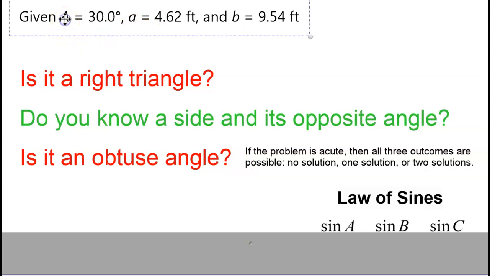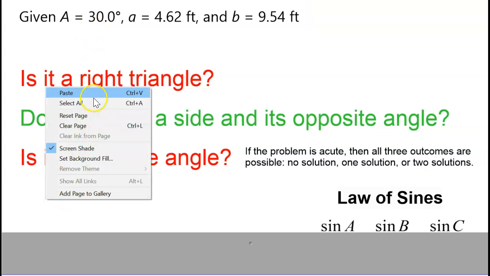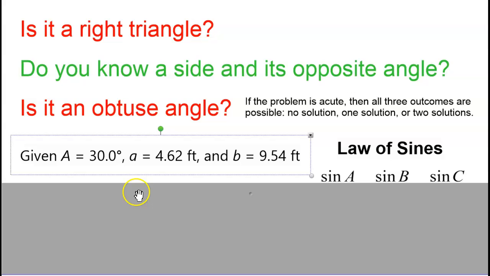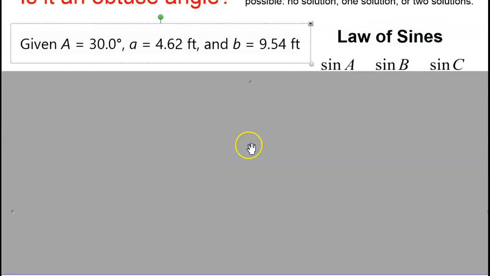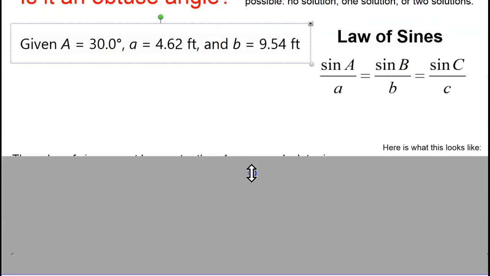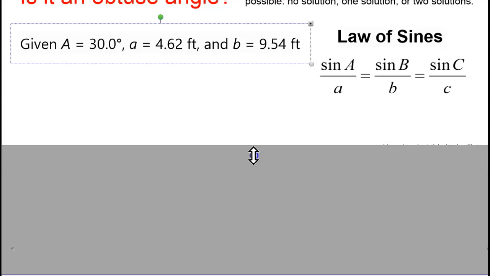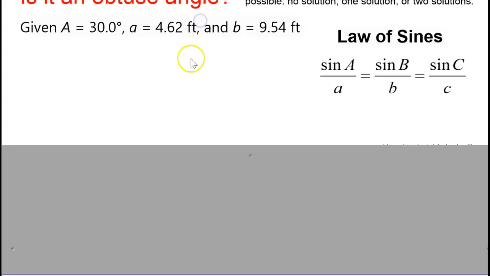I'm going to grab this and bring this back down here, so we can get it all on one page. Okay, so let's go ahead then and solve this problem.